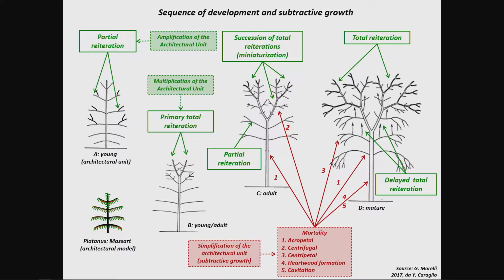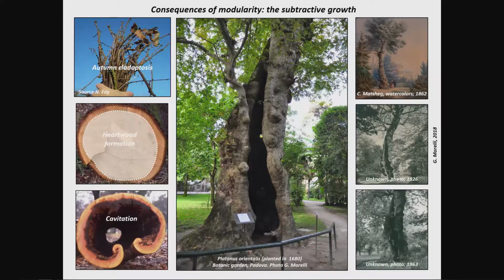So the mortality can be acropetal, so there is the loss of the bottom branches, it can be centrifugal, it can be centripetal, we can have the heartwood formation or the cavitation of the trunks. And in reality, you know very well this process.